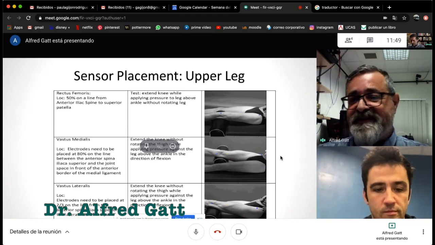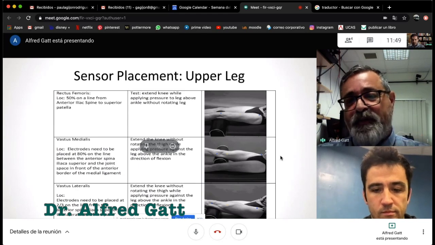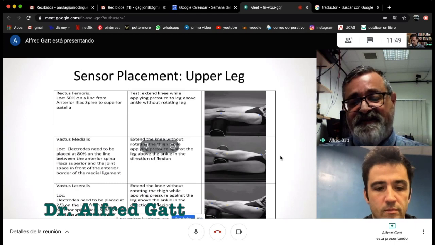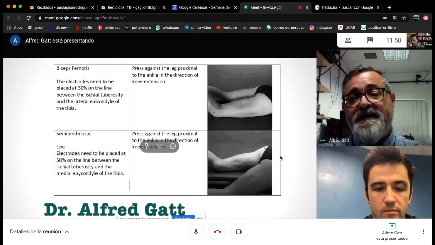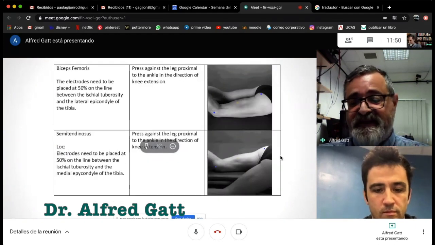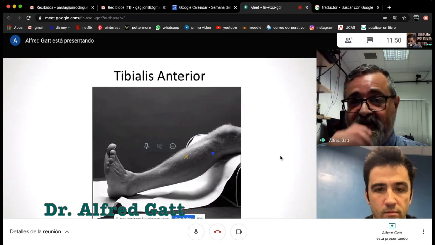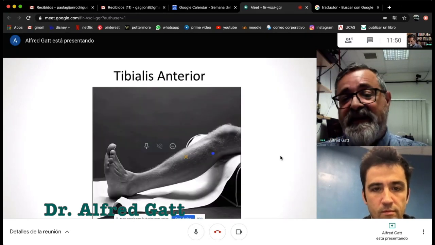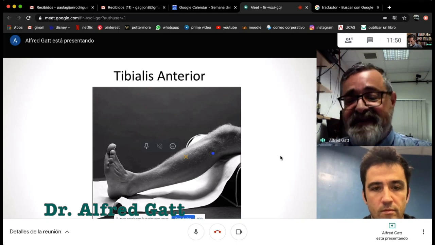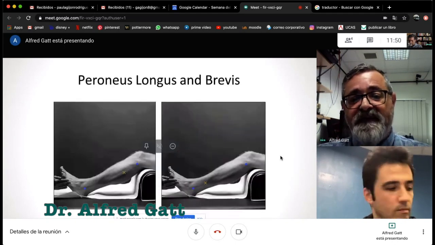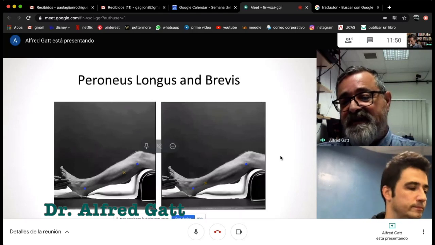For example, here we see where to put the sensor of the rectus femoris, vastus medialis, vastus lateralis, biceps femoris, and semitendinosus. And then maybe more relevant to us, the lower leg, the tibialis anterior, the peroneus longus, and the peroneus brevis.